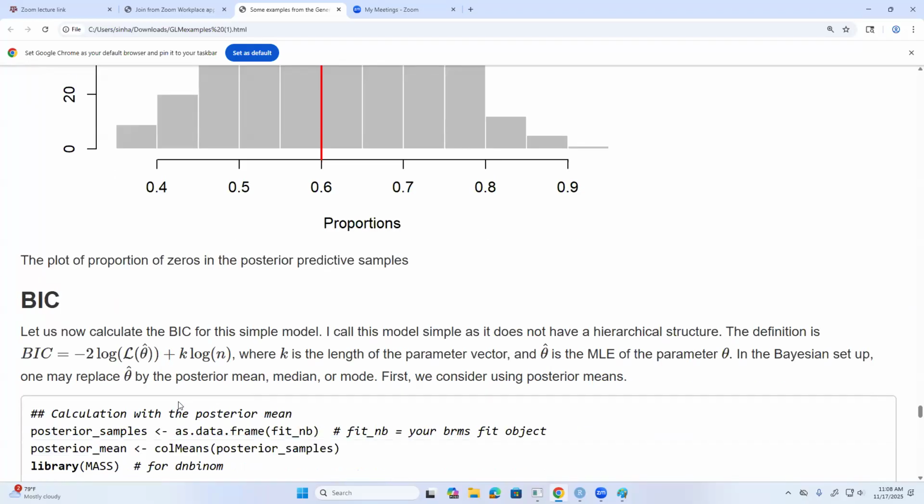In the Bayesian context, we do not have MLE. We have the posterior mean, we have the posterior median, we have the posterior mode. So then you can replace theta hat by one of the three items and calculate the BIC value.